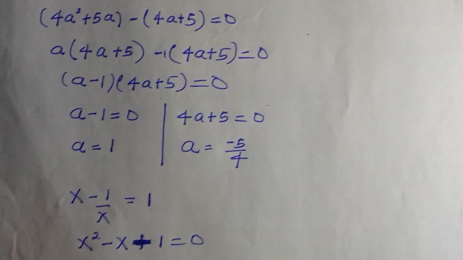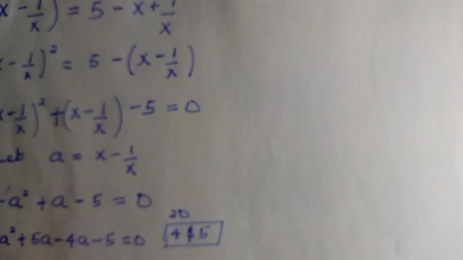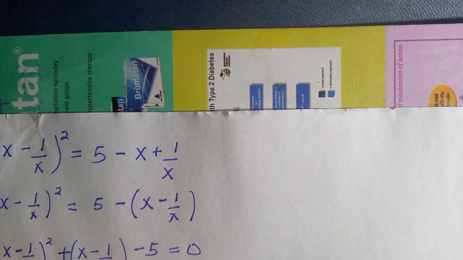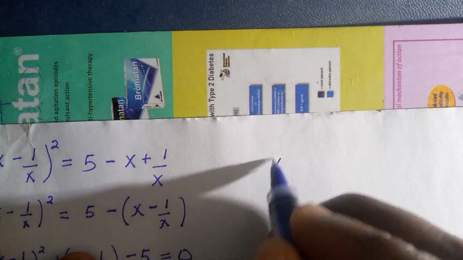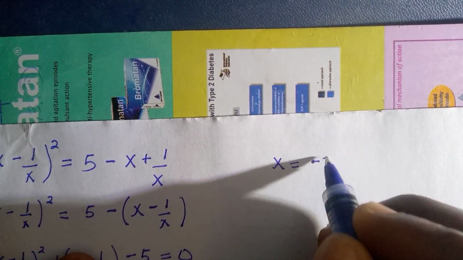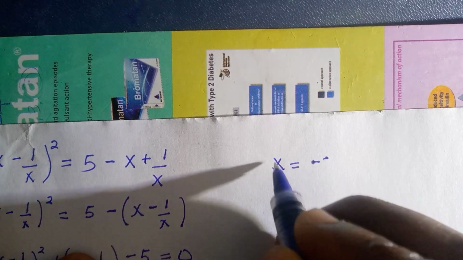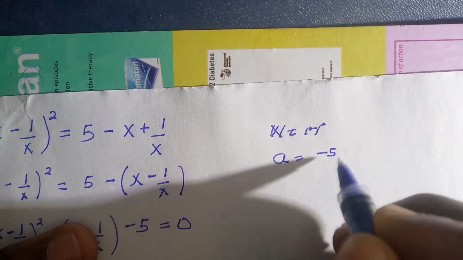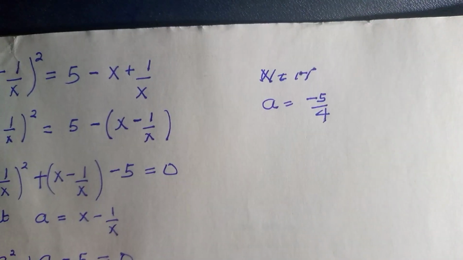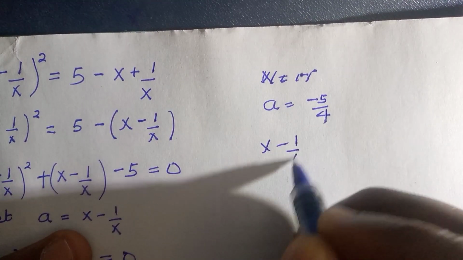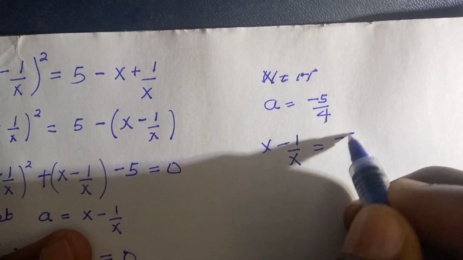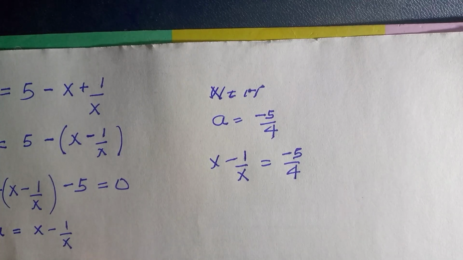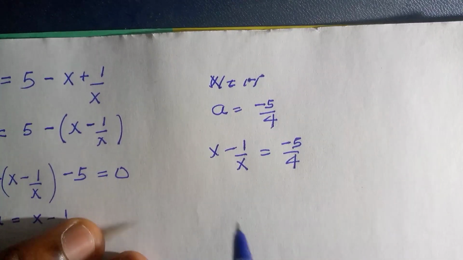Let's look at a equals minus 5 divided by 4 to see what we can get from this. Don't forget that we let a equal x minus 1 divided by x, so we have x minus 1 divided by x equals minus 5 divided by 4. We can also do the normal collection with the LCM here.